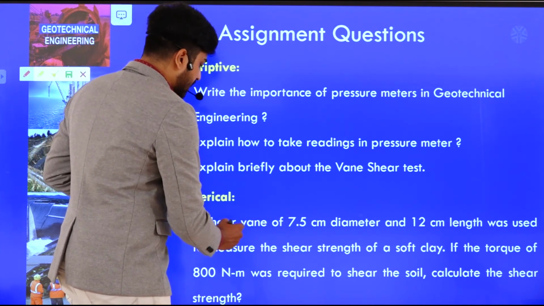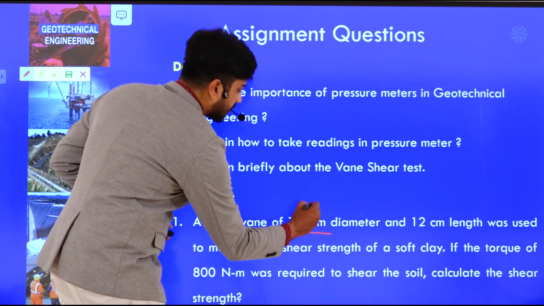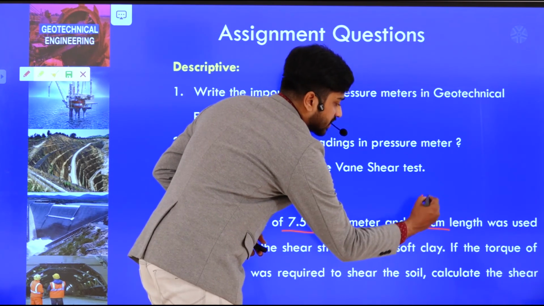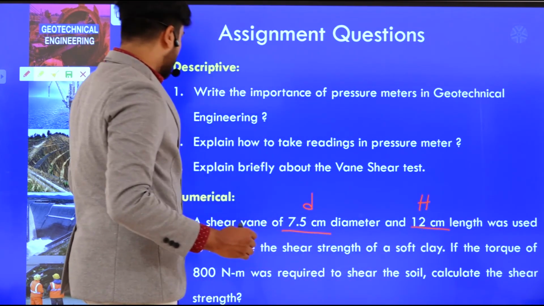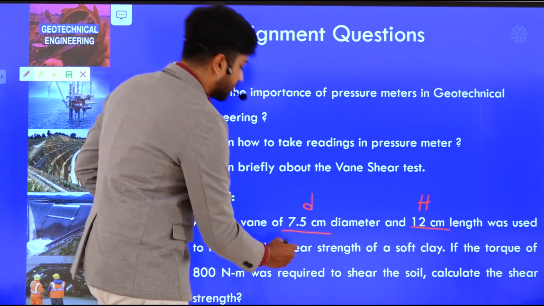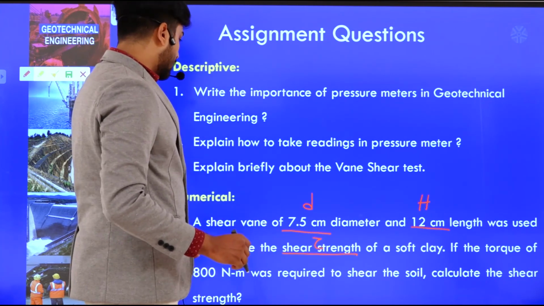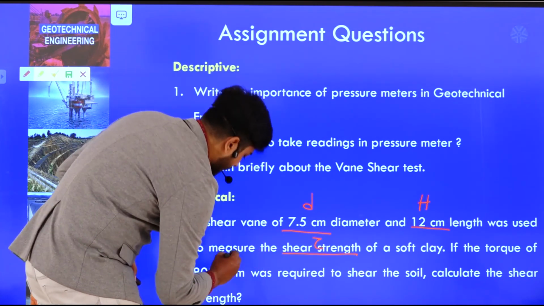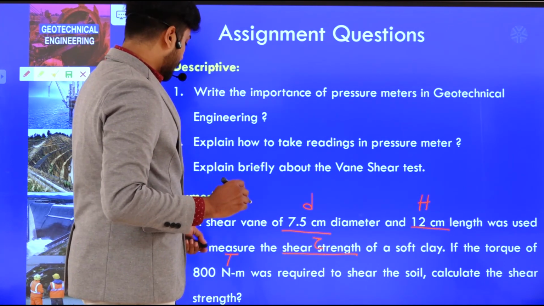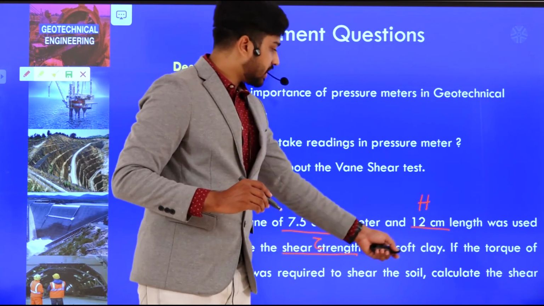A shear vane of 75 centimeter diameter, so the d value is given, and 12 centimeter length, so h is given, is used to measure the shear strength of soft clay, that is tau. If the torque required to shear the soil is 800 Newton meter, calculate the shear strength.